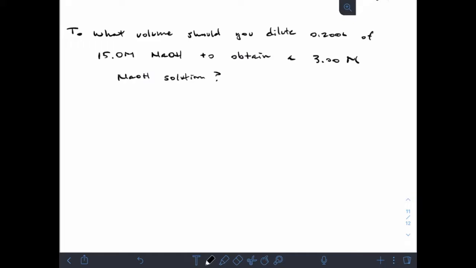Right, so our M1 is the 15 molar, our V1 is the 0.2 liters, 200 milliliters. Our desired molarity is the 3 molar, and our new volume, we don't know. All right, so what will be our new volume?